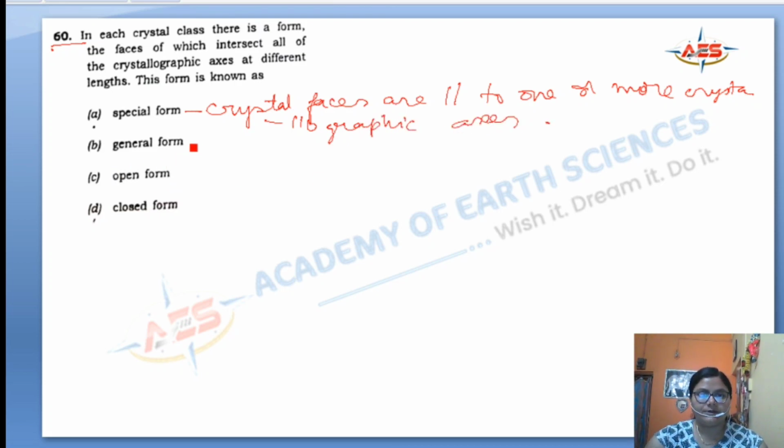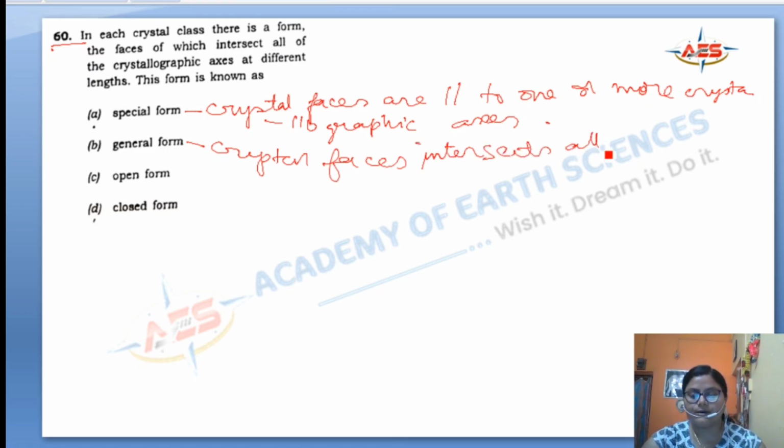In the case of the general form, the crystal faces intersect all axes at different lengths.